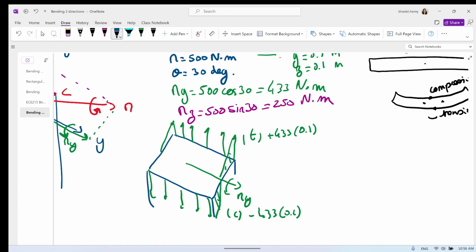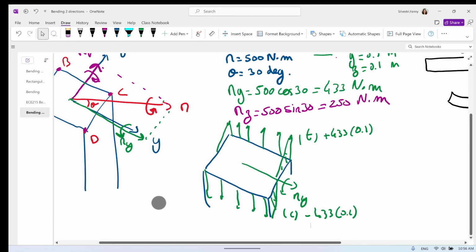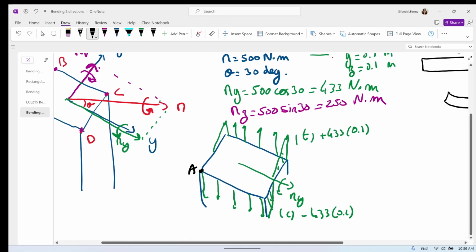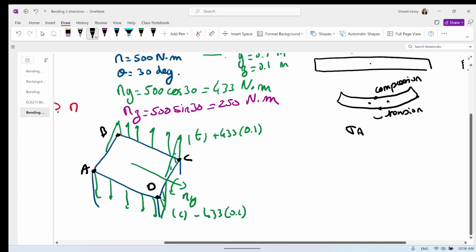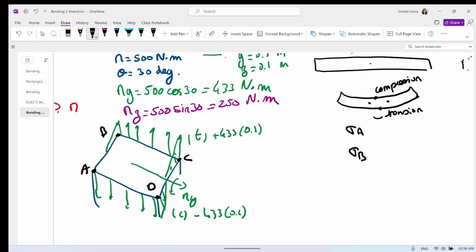So let's write for all our corners. Our corners, we have A, B, C, D. So sigma A, sigma B, sigma C, and sigma D. Sigma A is in compression, so minus 433 times 0.1.